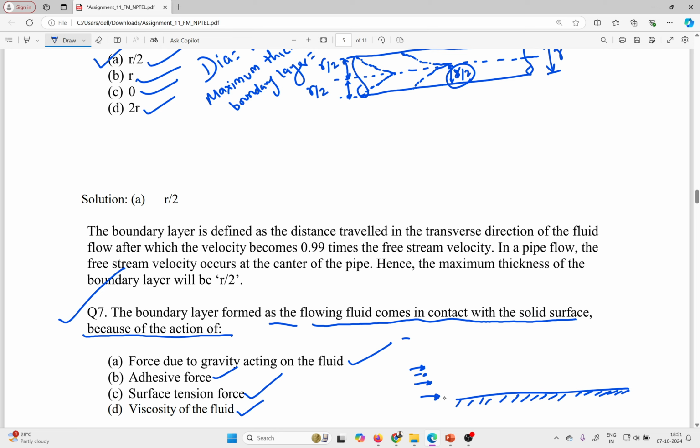When it comes in contact with this solid wall, what will happen? In the fluid, the viscosity is present. You know already, due to the roughness of this solid wall, the no slip condition, you know very well.